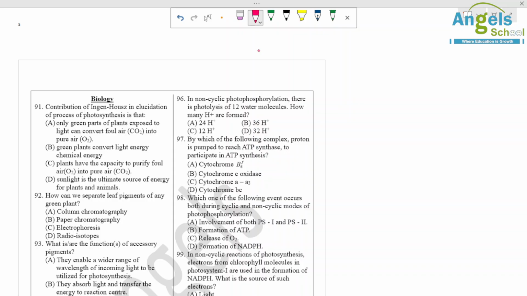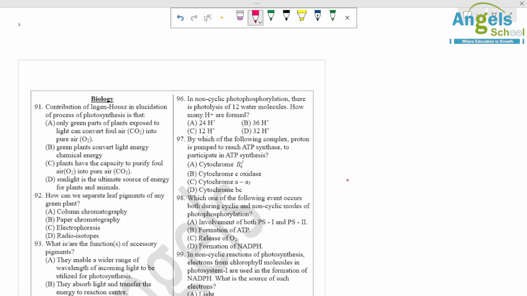Biology Mega Test. Question number 91. The contribution of Engelmann in elucidation of the process of photosynthesis is that: option A, only green part of plant exposed to light can convert foul air, CO2, into pure air, that is oxygen.